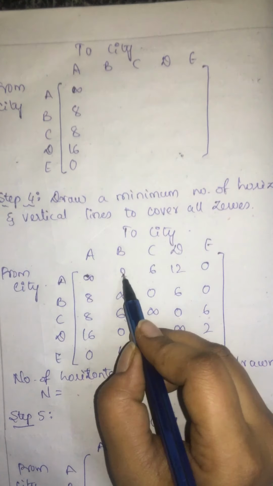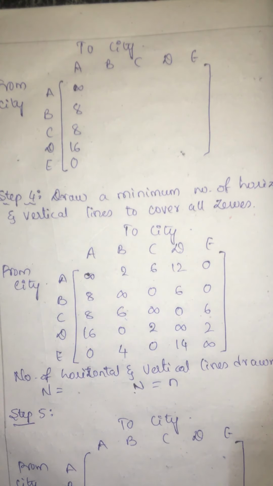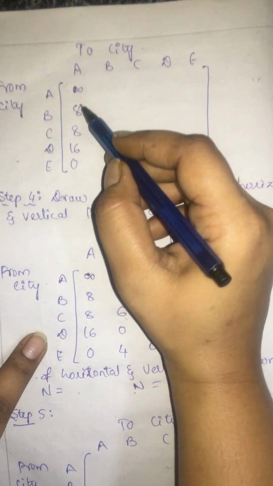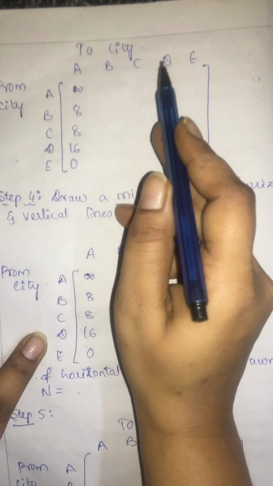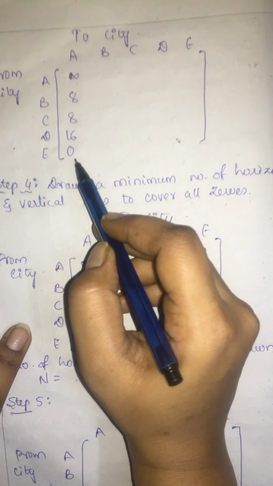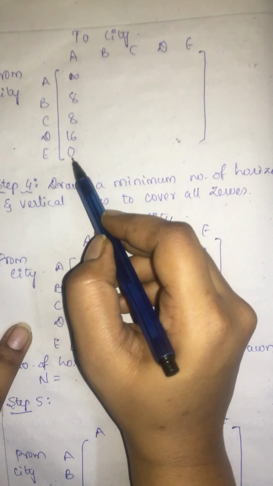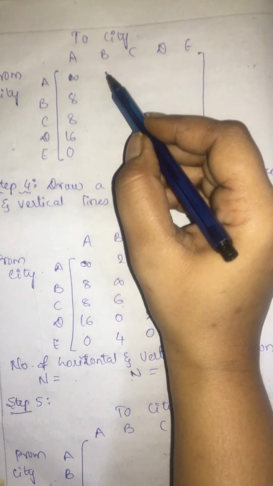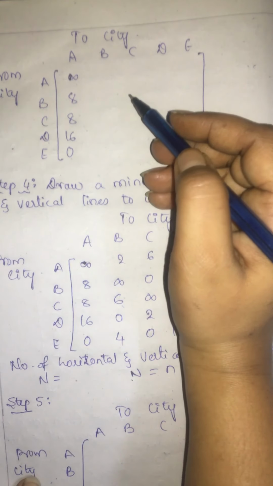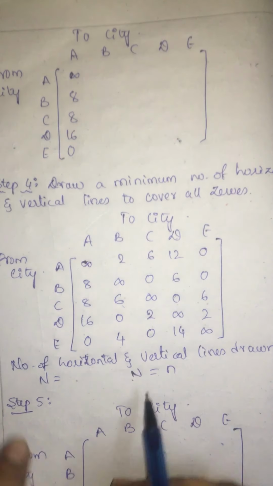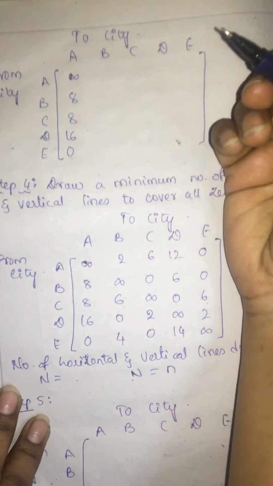Okay, next 2 minus, I'll take the first row. Next, 8 minus 0 is 8. 8 minus 0 is 8. Next, 16 minus 0 is 16. 0 minus 0 is 0. Okay, in the second column, what is the minimum value? It is 0. Okay, so next 2 minus 0 is 2.